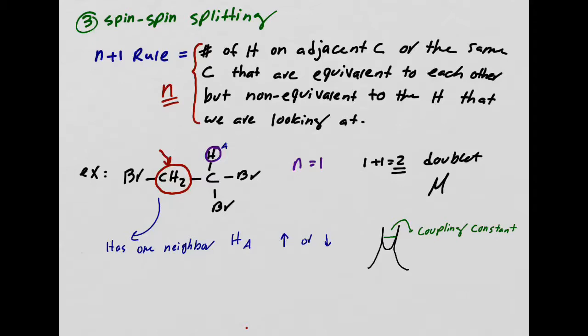Basically, it's a frequency difference between these two. And it could be between 0 to 18 hertz between the peaks. You know that we're going to have a doublet because this one has one neighbor, n plus 1 rule. It has one neighbor, so my n is 1. 1 plus 1 is a doublet.